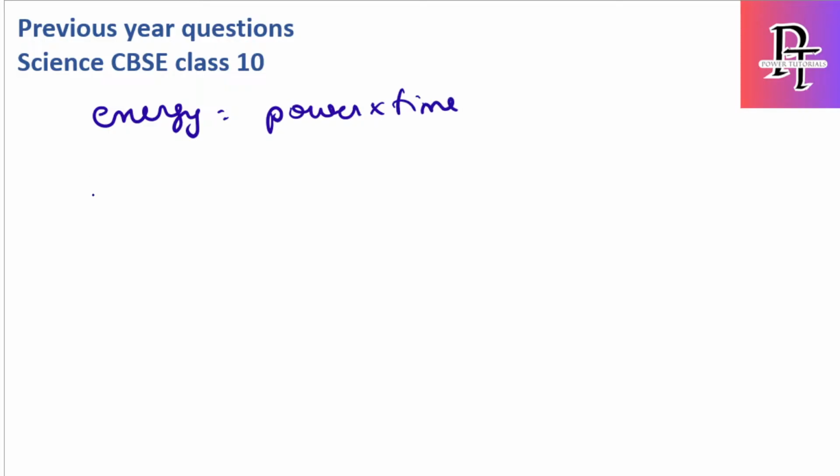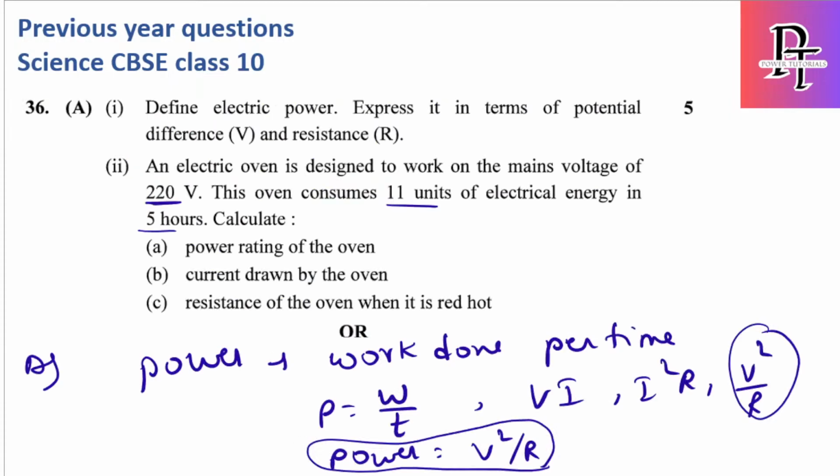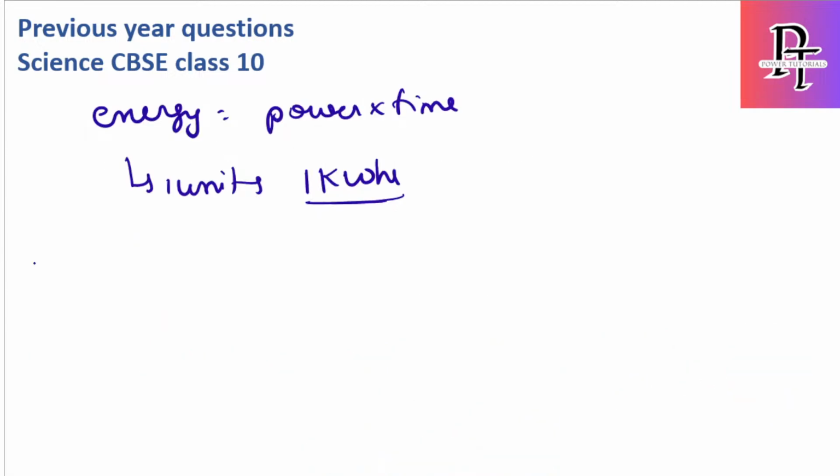So always remember, if they mention energy as 1 unit, it means 1 kilowatt hour. This is important. So what they have mentioned here: voltage is 220 volts, energy is 11 units of electrical energy.